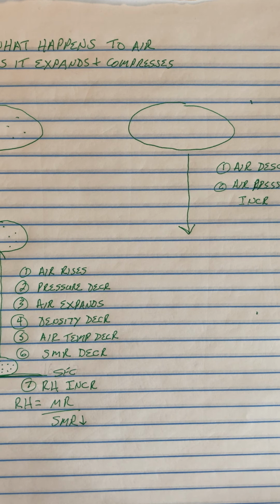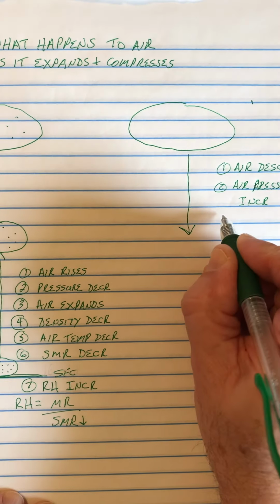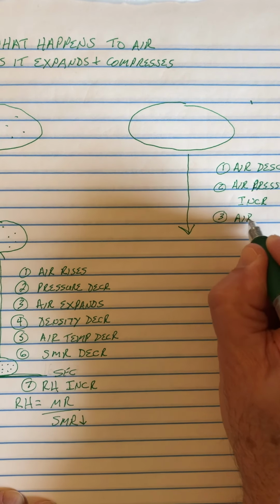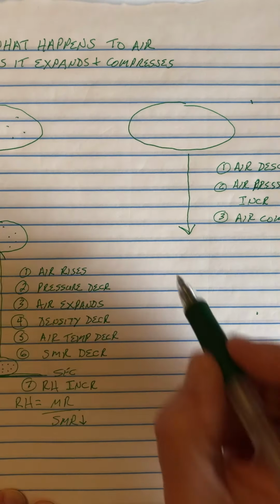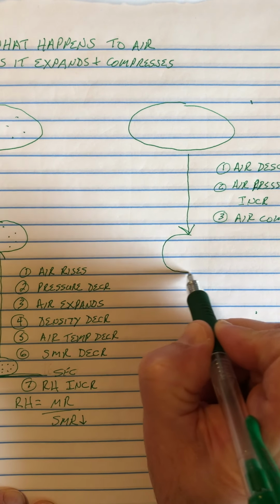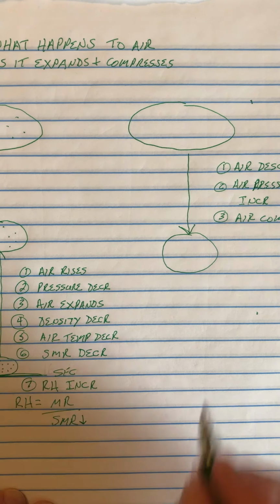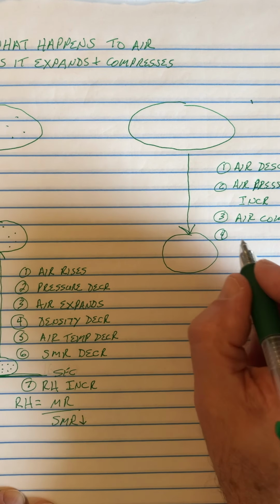So if the air parcel is descending, you've got more air molecules above it, and so the air pressure is going to increase. As the air pressure increases, the air is going to compress. The volume of that air is going to get smaller. As we draw it here, that parcel of air is going to get smaller as it compresses, and as it compresses, the density is going to increase.